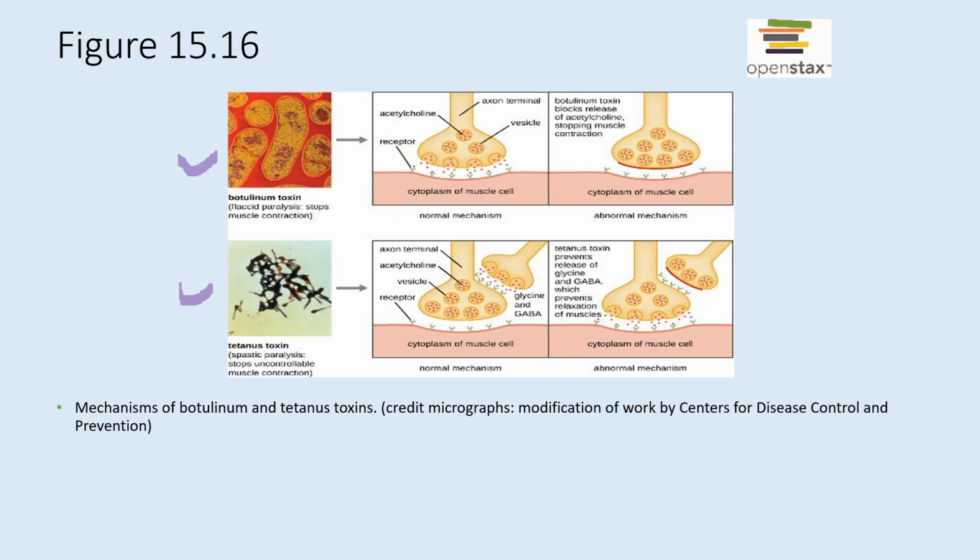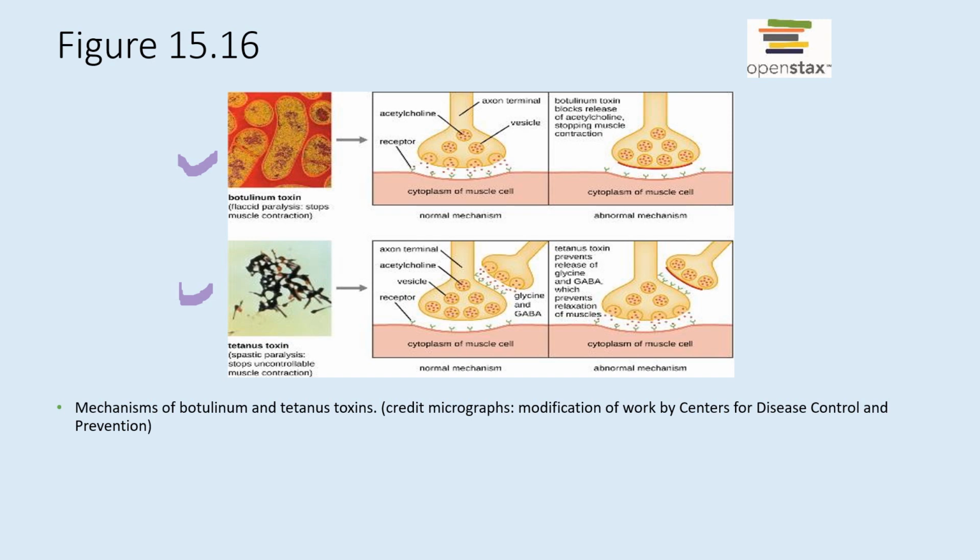The botulism toxin, if this toxin is released, what happens is, and I know for some of you who have had A&P at the neuromuscular junction and how muscle contraction works, it's maybe bringing back nightmares, hopefully not. Under normal conditions, you have the neurotransmitter acetylcholine.